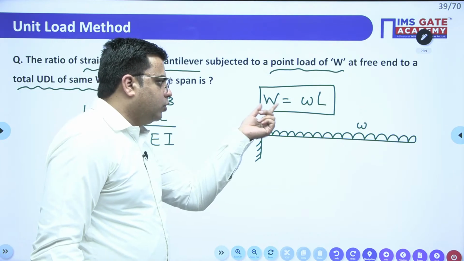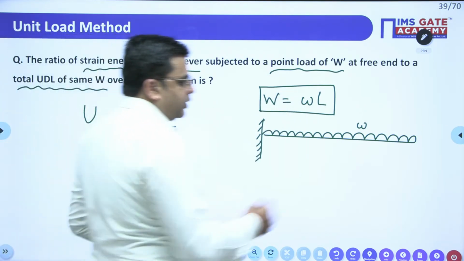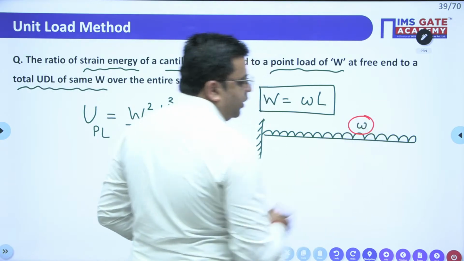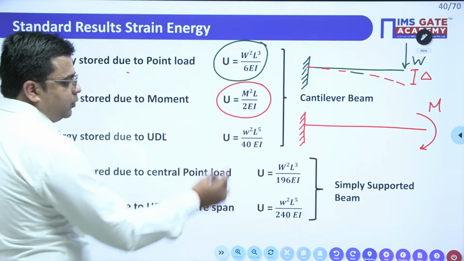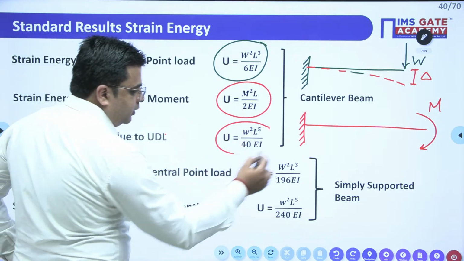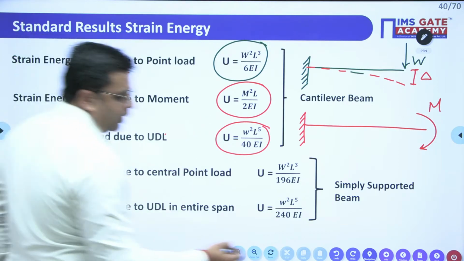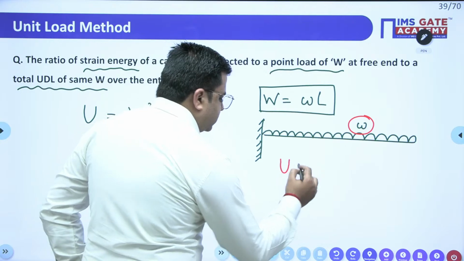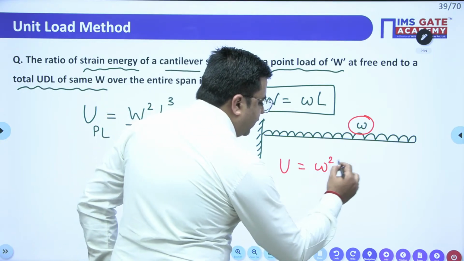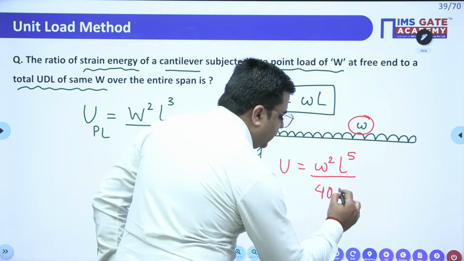This total W is given as w into L. But we know the expression of strain energy for this cantilever for this load intensity small w. This strain energy is equal to w square L raised to power 5 upon 40 EI.